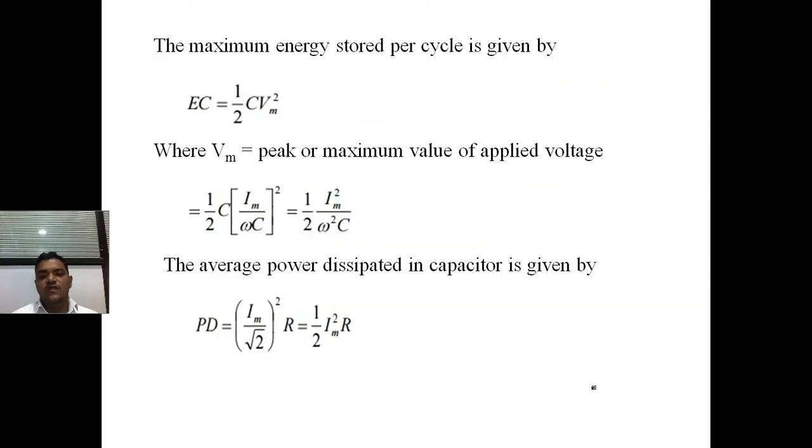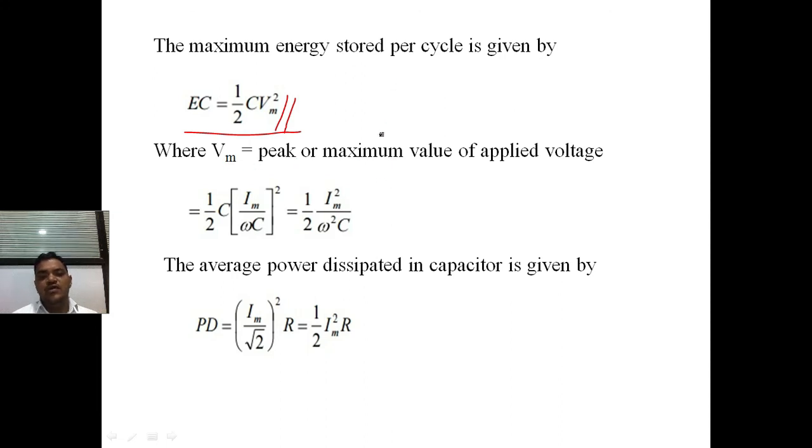Then the maximum energy stored per cycle in the capacitor is EC, which is equal to 1 by 2 C Vm square, where Vm stands for the maximum voltage drop across the capacitor, which is equal to the peak or maximum value of the applied voltage.